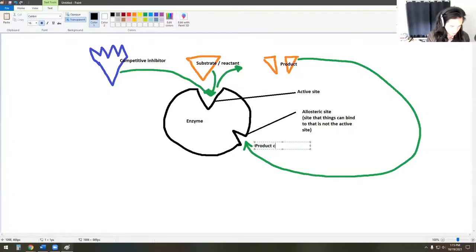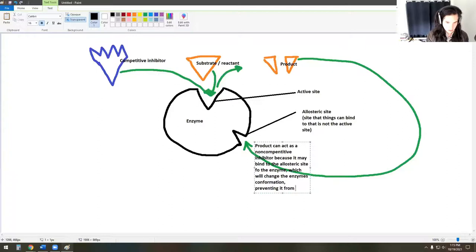So product can act as a non-competitive inhibitor because it may bind to the allosteric site of the enzyme, which will change the enzyme's conformation, preventing it from catalyzing its reaction with substrate.